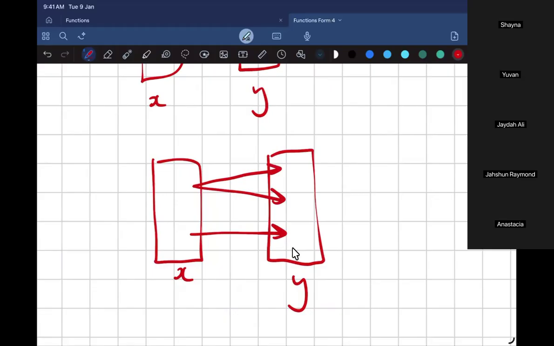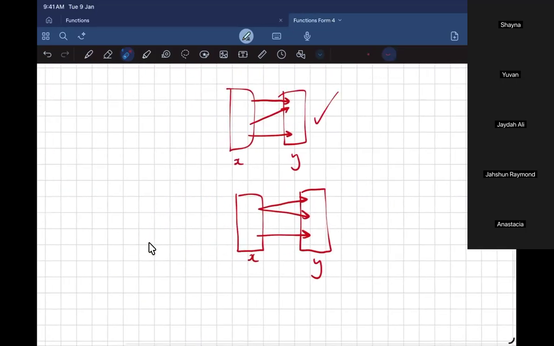Is it even a function, Anastasia? Don't be scared to unmute. I see you saying nope. Yeah, this is not a function, right? Could somebody tell me why it's not a function? What would I call that? That's a one-to-many, because one of them is going to many.